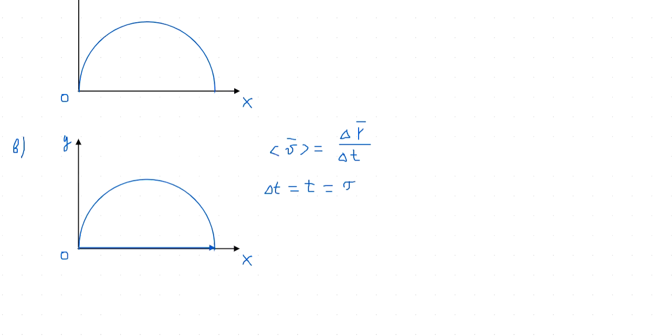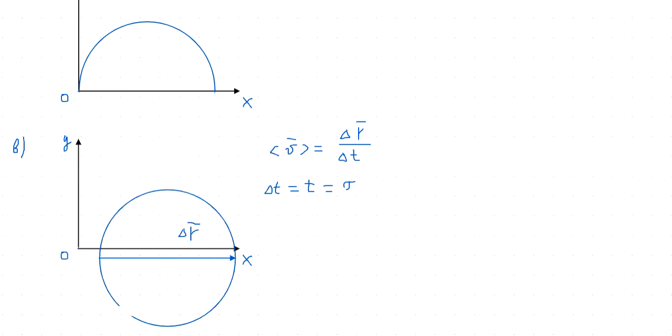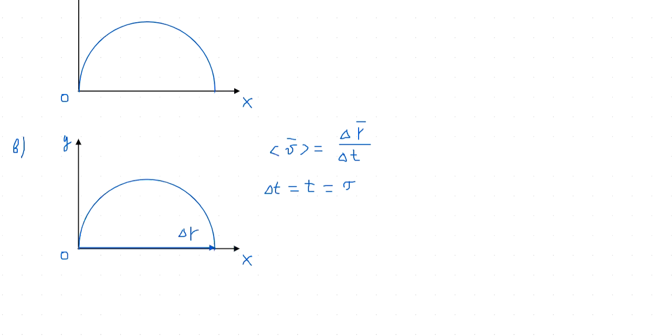This is displacement vector delta r. Maybe it is better to write this here. Delta r. Okay, and now we need to write this with formula.